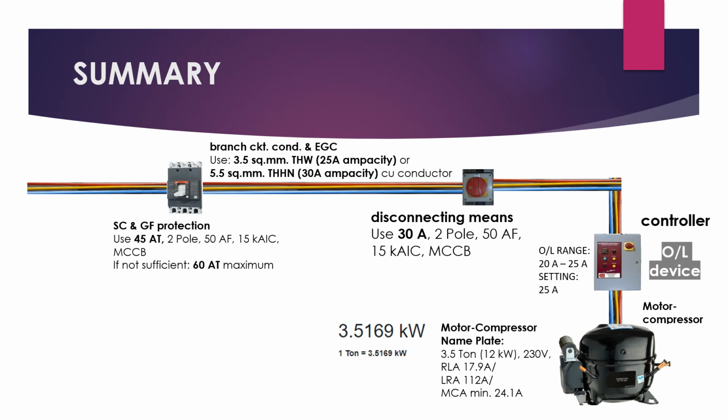And the breaker, of course, will have a higher ampere trip because this is a short circuit and ground fault protection, and our load is a motor, and it is not just a motor, it is a motor compressor which is used for refrigeration and air conditioning equipment.